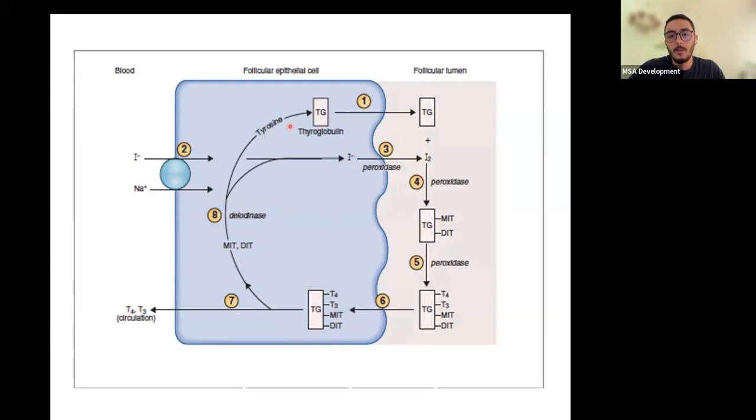Tyrosine with oxidized iodine on it formed MIT and DIT, and when they got coupled together, that's when we had T4 and T3. So deiodinase will break down MIT and DIT into iodine and tyrosine. Tyrosine will go into thyroglobulin again and repeat the whole process. And the iodine will join the iodine coming from the NIS, the cotransporter, into peroxidase in order to be added to tyrosine and repeat the whole step again.